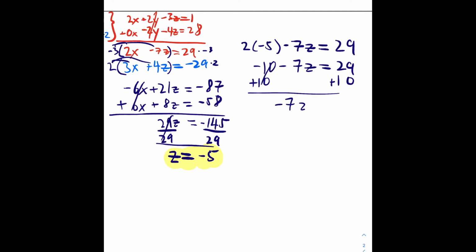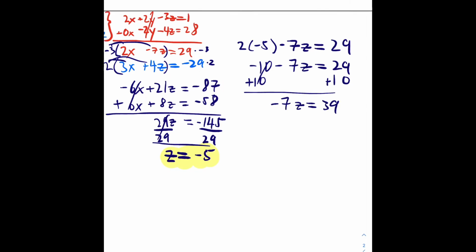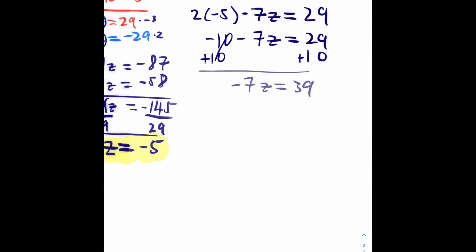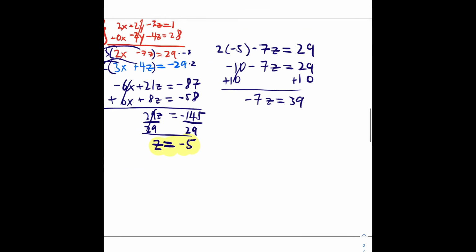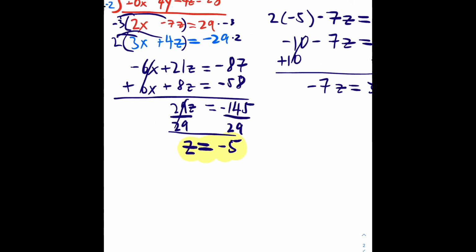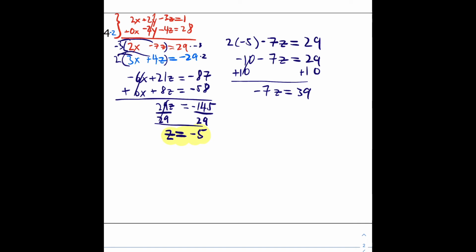Negative 7z equals 39. Okay, let me make sure I did this right. Yep, I did this wrong. See the mistake I made? I took my z and plugged it in for x. Big mistake there. I need to plug in negative 5 for z. Sorry about that, guys. Making a ton of mistakes today. That's my fault.